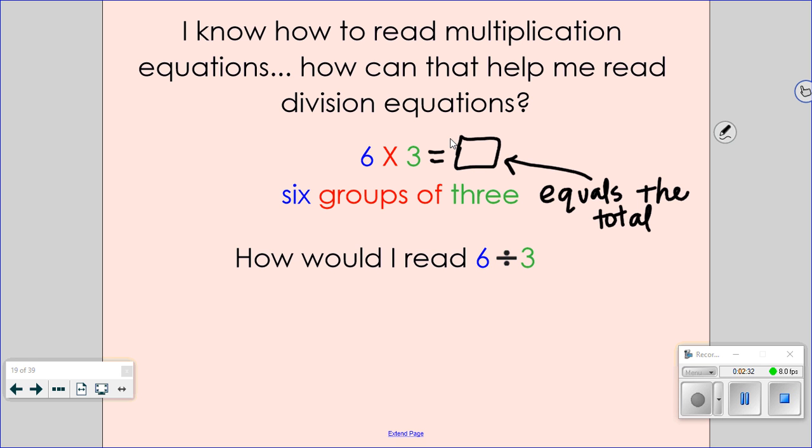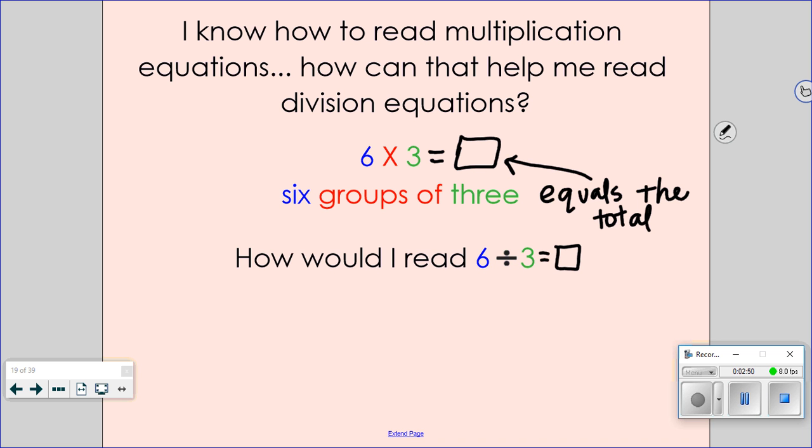I have 6 groups of 3 things. I'm going to then end up with my total amount of things. So that's how we read multiplication. That's a review. We knew that.